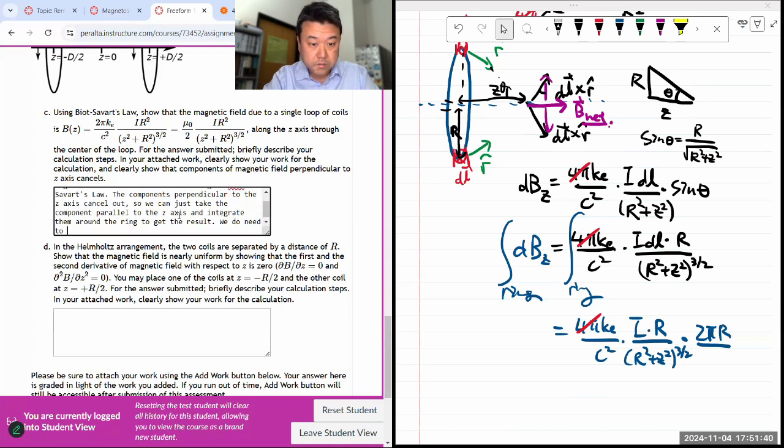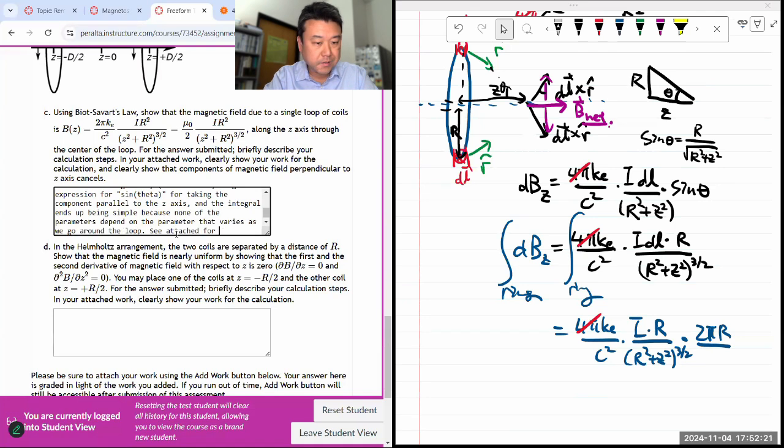We do need to work out the geometry, see attached, to get an expression for the sine theta for taking the component parallel to the g-axis, and the integral ends up being simple because none of the parameters depend on the parameter that varies as we go around the loop.